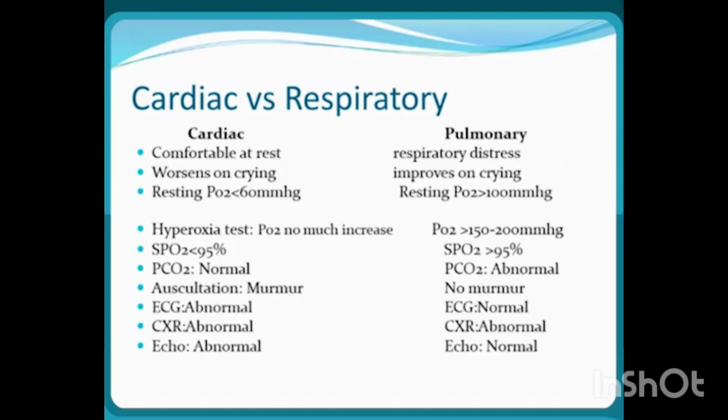PO2 does not increase much in the cardiac patient with right to left shunt, while PO2 increases to 150 to 200 millimeters of mercury in the pulmonary situation. Saturation, as you know, is below 95 percent, while saturation is almost normal or more than 95 in the pulmonary situation. And then ECG, X-ray, and echo are abnormal in the cardiac patient, while chest X-ray is abnormal in the pulmonary. Otherwise, ECG and echo are normal in the pulmonary situation of the desaturation.